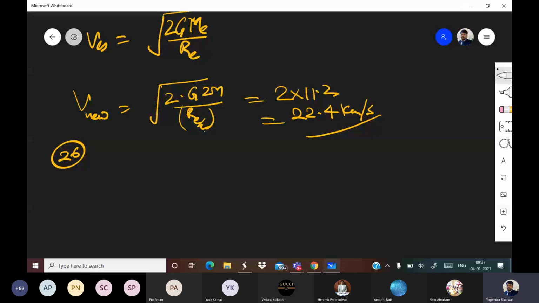Anyways, question number 26. A satellite is moving around the Earth with speed v in a circular orbit of radius r. So we know that it is the square root of GM by r. That is the orbital speed.